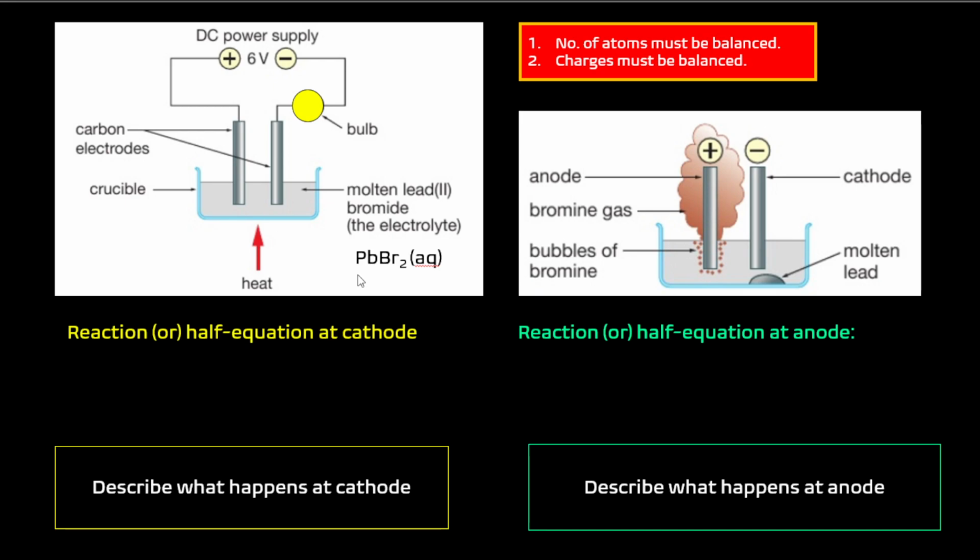Since this is lead-2 bromide, we know that we should have Pb2+ ions and Br- ions. Lead-2, Pb2+, bromide is a halide, so it is Br-. Since Pb2+ is a cation, it will be attracted to the cathode, and that is why Pb2+ will become Pb solid.